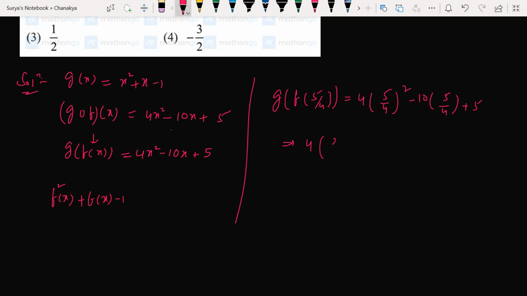So 4 into 25 by 16 minus 50 by 4 plus 5. So 25 by 4 minus 50 by 4 plus 5, which is 25 minus 50 plus 20 by 4.